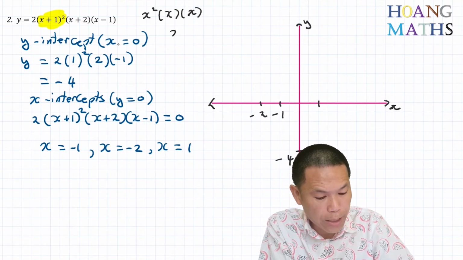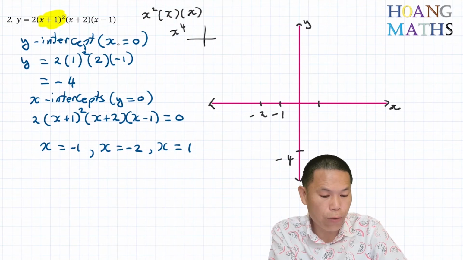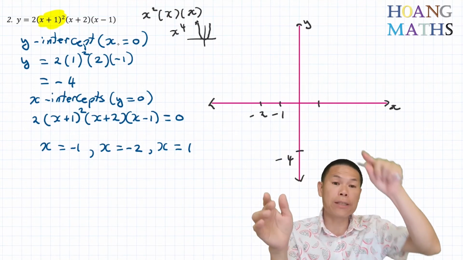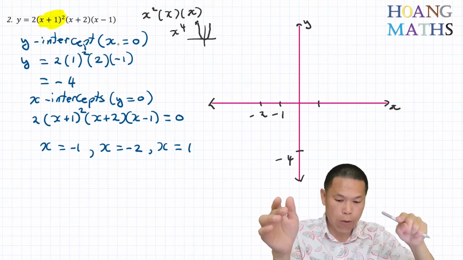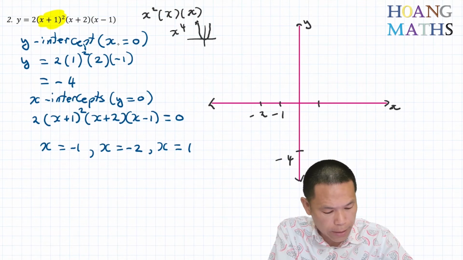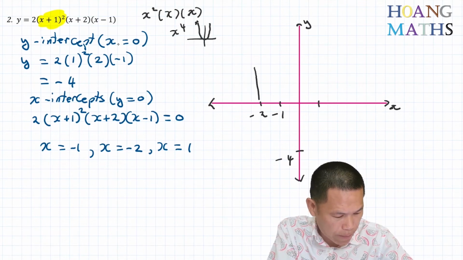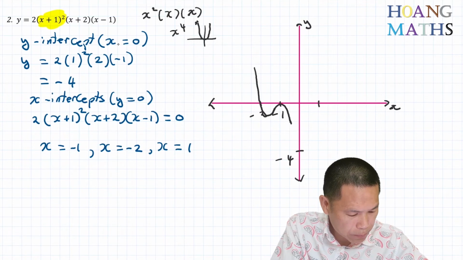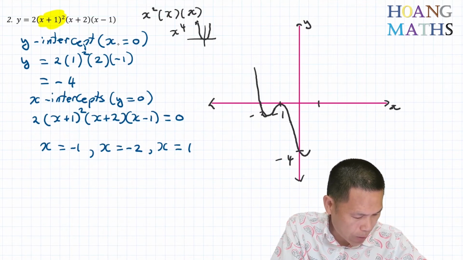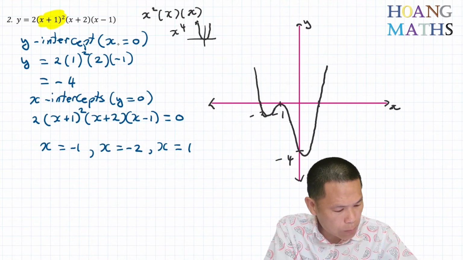So that becomes x to the power 4. So therefore, the graph is like this, x to the power 4. So this graph starts from the top, it goes down, okay? And then goes up. So we start here roughly, we go down and go up again because of the turning point at x equal -1, and go down. So we go down, hit the -4 and turn up and hit this 1 here. So this is 1.